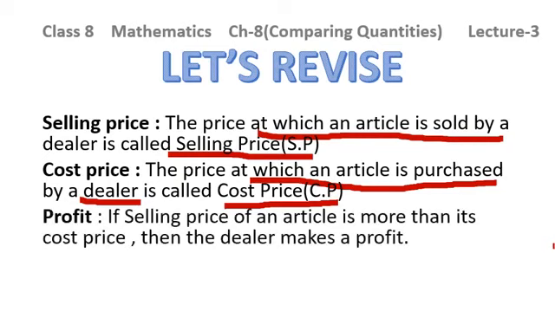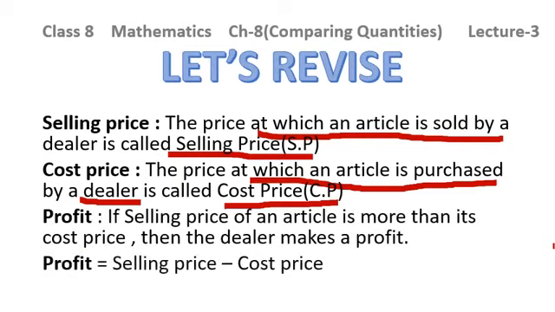So profit is equal to selling price minus cost price. That is, if selling price of an article is more than its cost price, then the dealer makes a profit. Like I gave you an example here. If you are purchasing an article for rupees 200, but you are selling that particular article for rupees 250, here 250 is the selling price, 200 is the cost price, and SP is more than CP, so profit will be there.